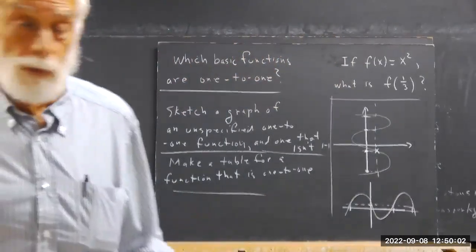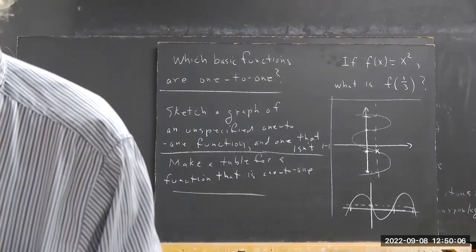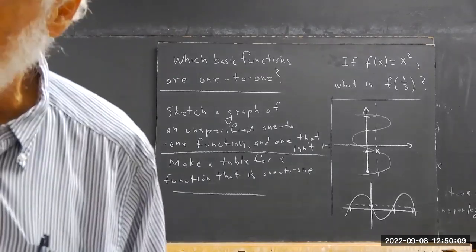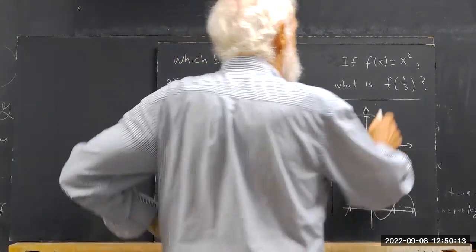That's still a good function. Passes the vertical line test. There's just one y for a given x, but there are many x's for a given y. Okay, so I'm going to say this.